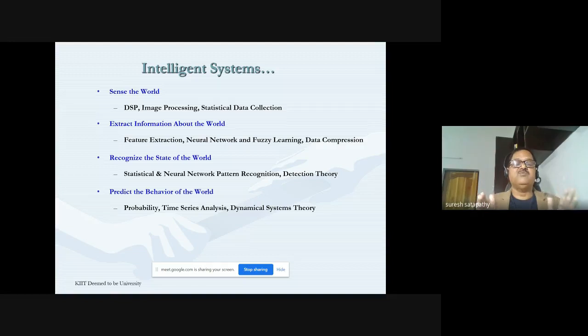This must have some usefulness to society. And for that, you need to predict the behavior of the world. You need to do some analysis. We have a number of such theories, like probability models, time series analysis models, dynamic system theory models. These are the technologies you need to understand under the fourth important aspect of the intelligent system, known as predicting the behavior of the world.